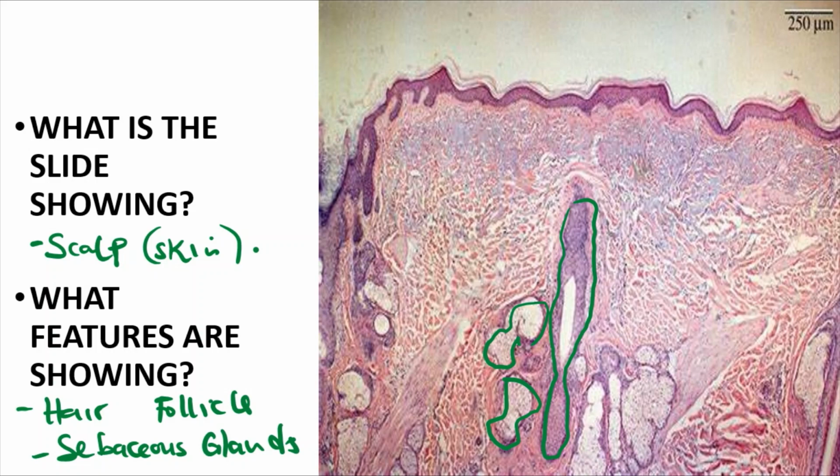You can also see this keratin here on top. And then you've got a stratified squamous epithelia. So here you've got a keratinized stratified squamous epithelia.